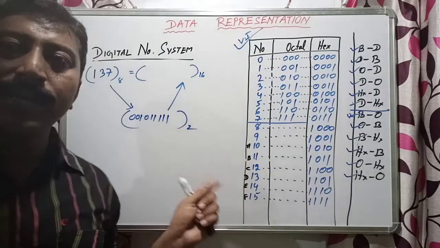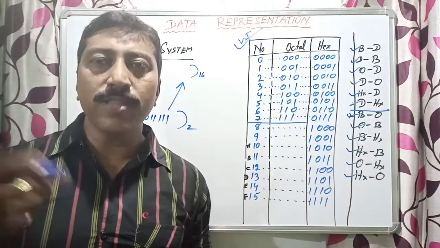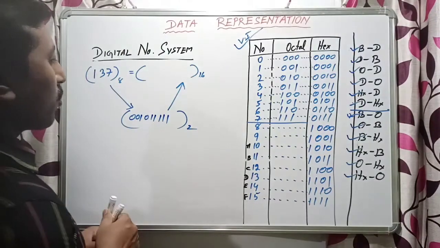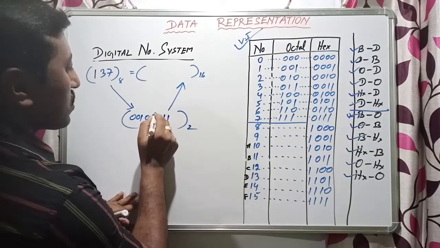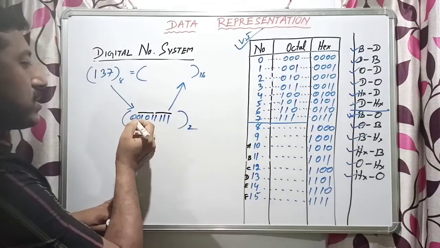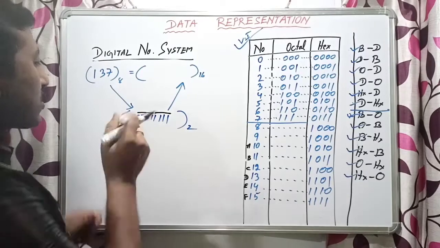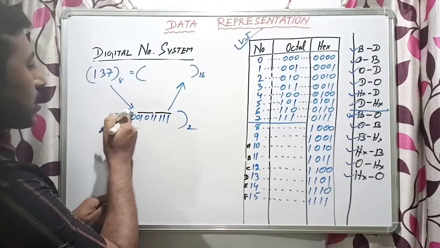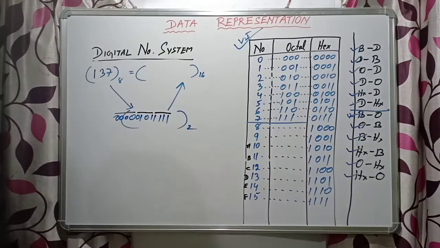Now we'll convert binary to hexadecimal. Follow the process. First do the grouping. 4 digits make one group. This is one group, 1 0 1 0 is another group. Only 1 0 is there, so we add 3 more 0s to form a group. Now you check one by one.